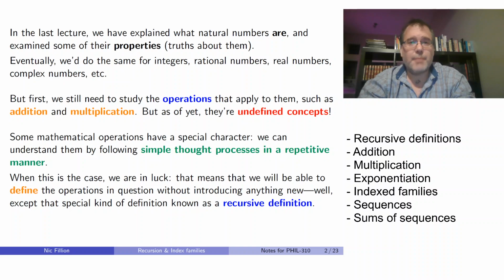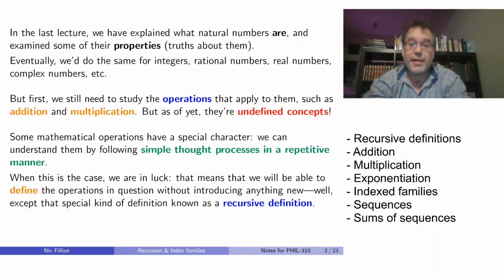Okay. So last time we've done a number of things, right? We've explained what numbers are, what it means for sets to have the same number of elements. We have proved some properties of natural numbers, especially we have proved the five axioms of Peano Dedekind arithmetic.